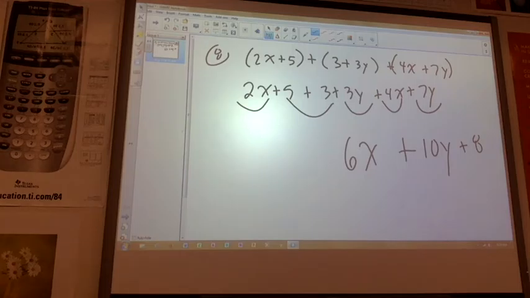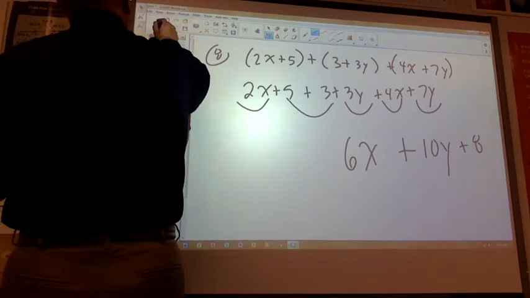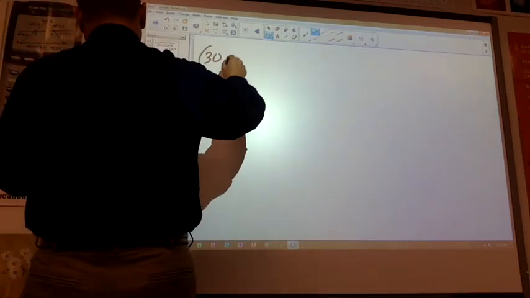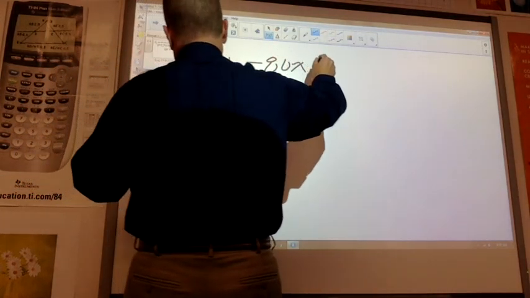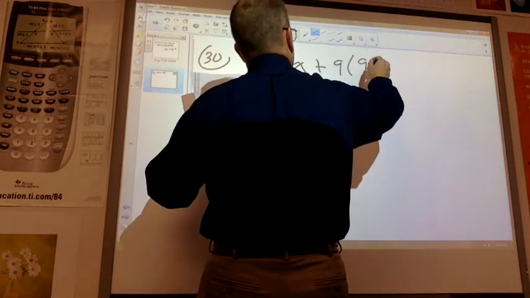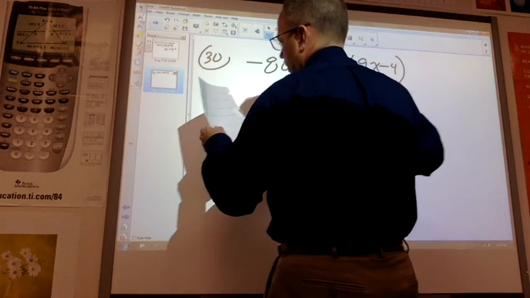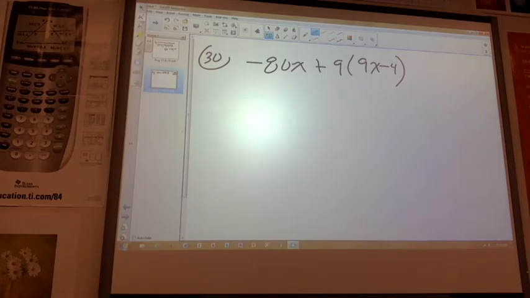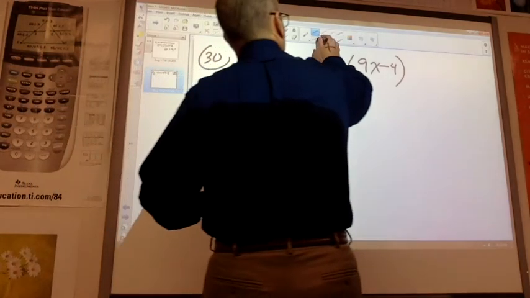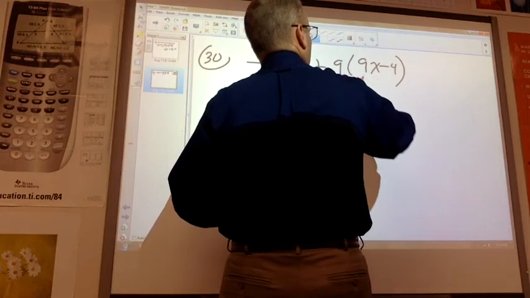Number 30, so it's on the back side? Okay. All right, number 30. We have negative 80x plus 9, parentheses 9x minus 4. Okay, so again, we're simplifying. What am I going to distribute over the parentheses? The 9. And it's a positive 9, so it won't change any signs. So this goes here and here.